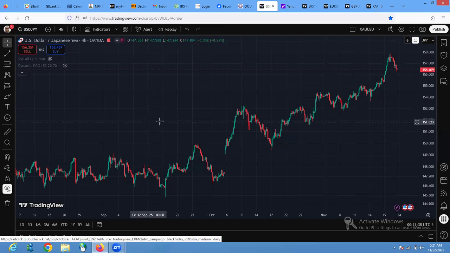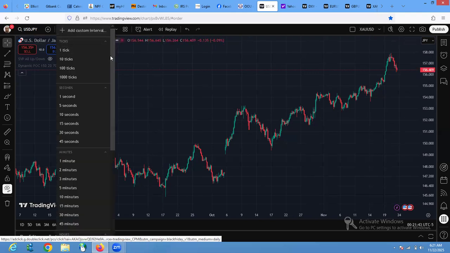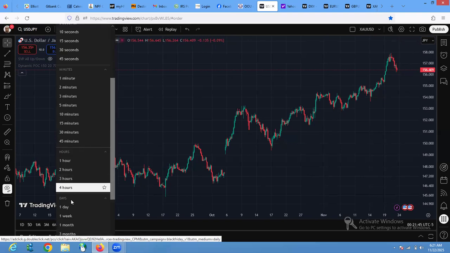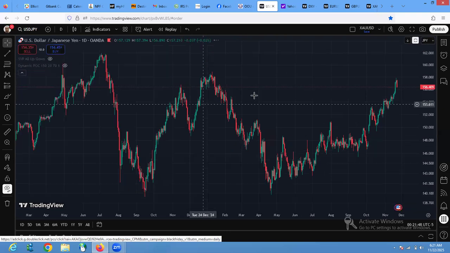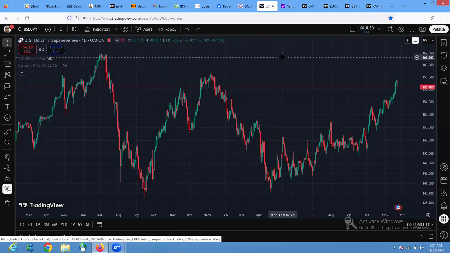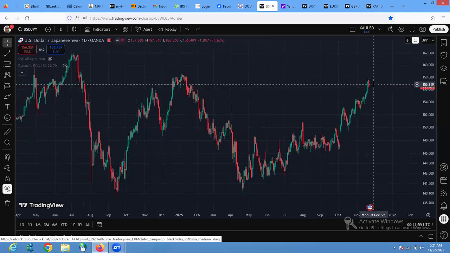We'll still expect, if I switch to the daily time frame here, these are stretched so much, and the Bank of Japan is yet to intervene. The reaction that you are seeing here is not impulsive yet for me to think that they want to drop this. I don't see that.